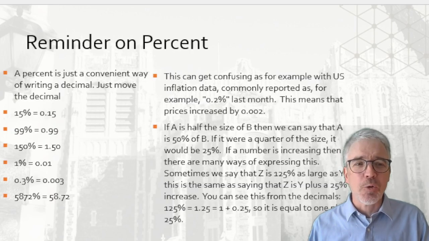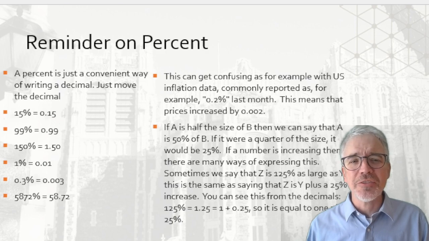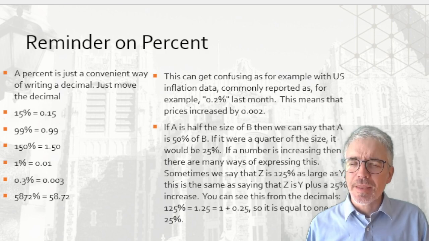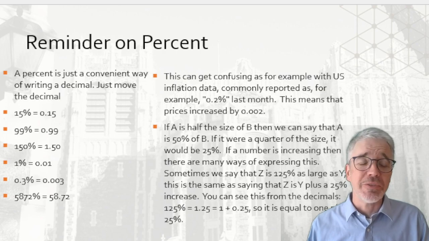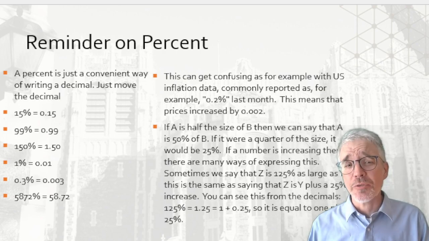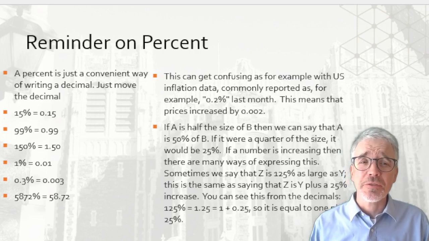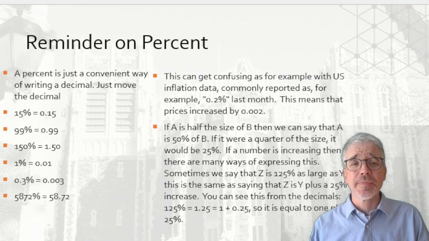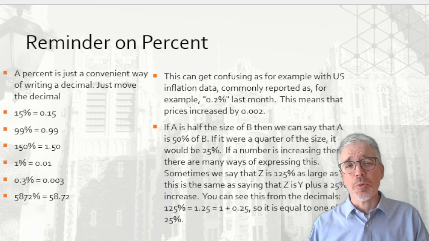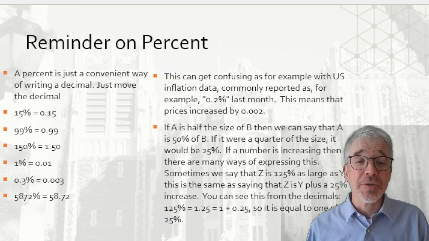All right, a quick reminder on percentages. You should know this, but just in case. Percent is a convenient way of writing a decimal. You just move the decimal place. 15%, you move the decimal place 2 points, so it's 0.15. 99%, 0.99. 150% is 1.50.